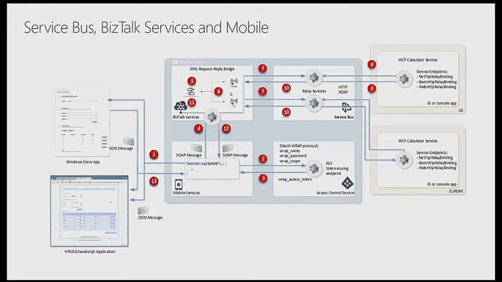In this case, it was a calculator service, but it's logic still on-prem. So using Service Bus, you get this location transparency. BizTalk Services just makes the call, and all the network magic is taken care of with Relay.